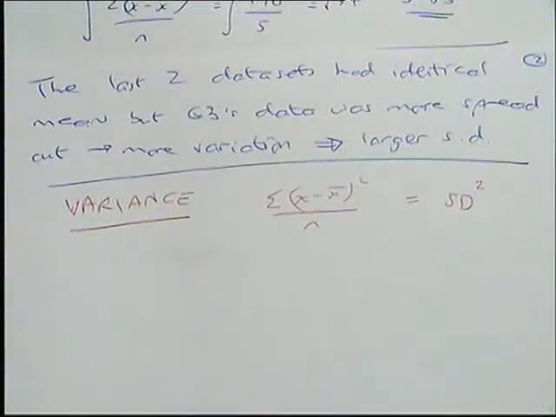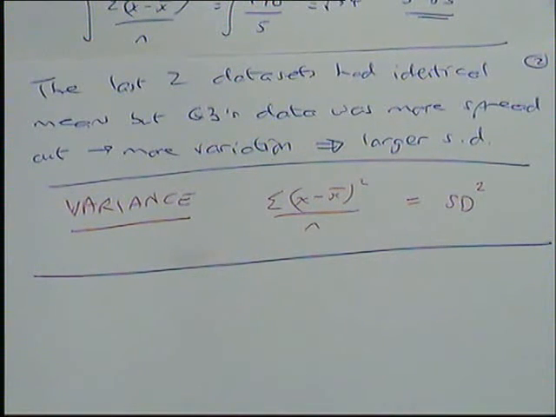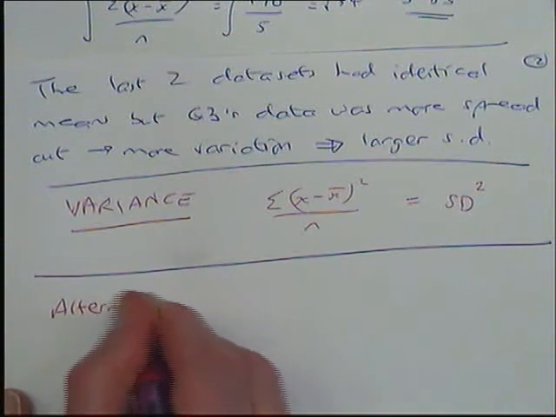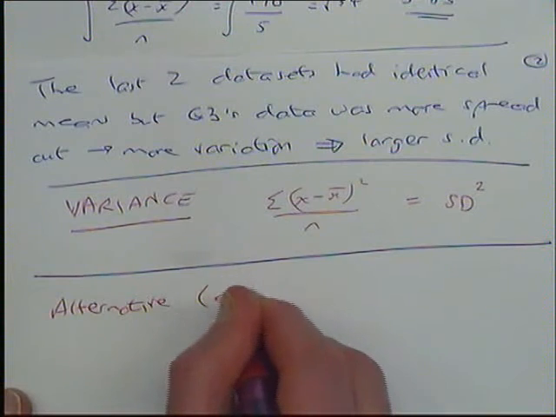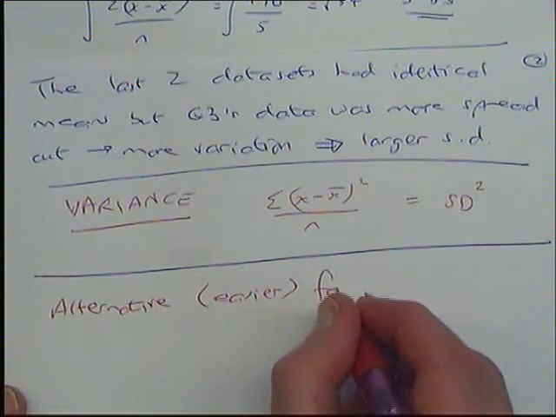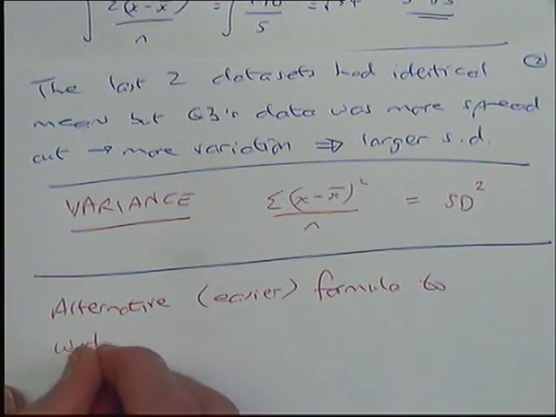Now, if you've got a lot of numbers, working out all these differences, particularly if they're horrible decimal numbers, is quite fiddly. So there's an alternative formula that you can use for the standard deviation, which you need to learn as well. An alternative, easier formula to work out the standard deviation, because it does make calculation easier.